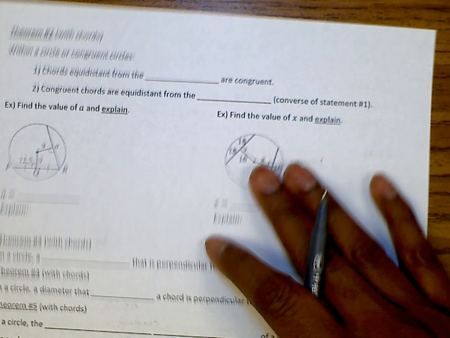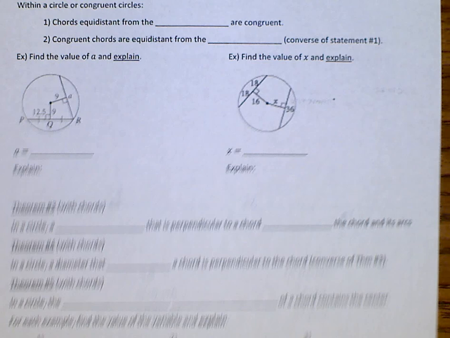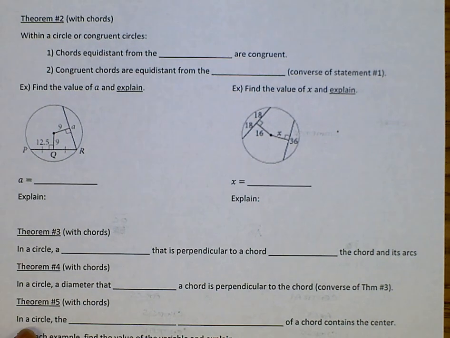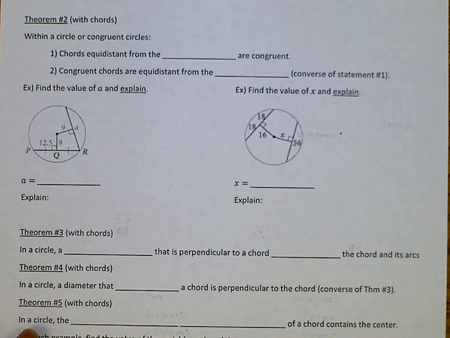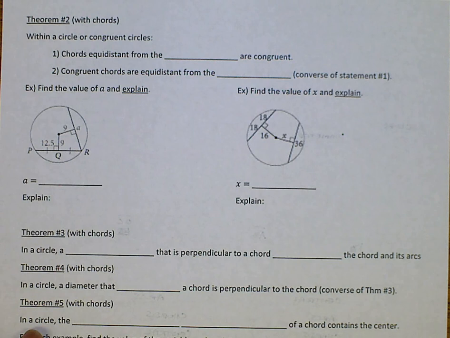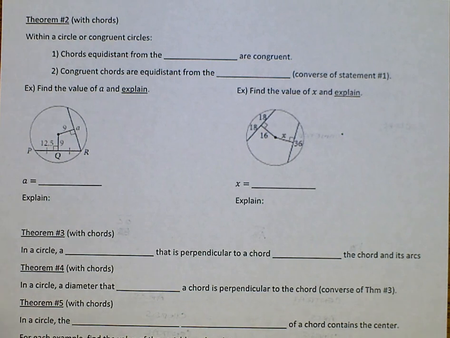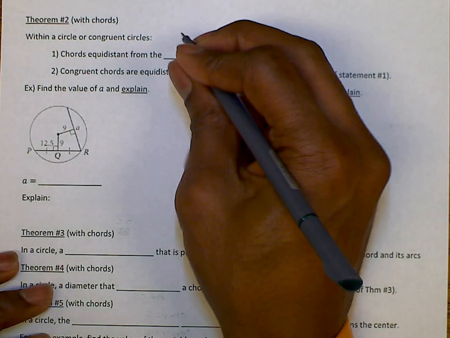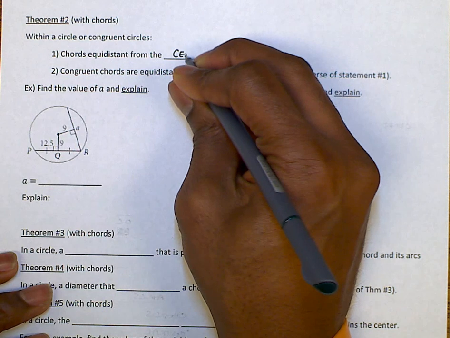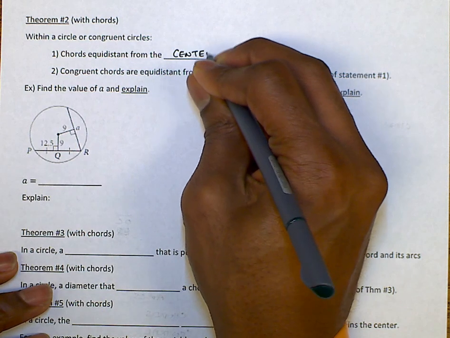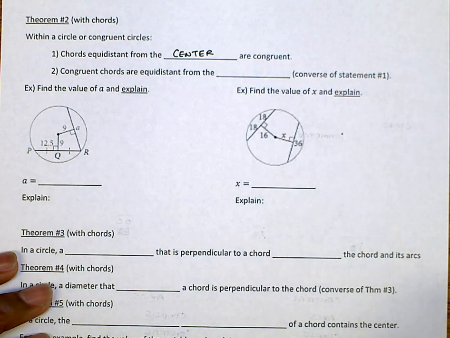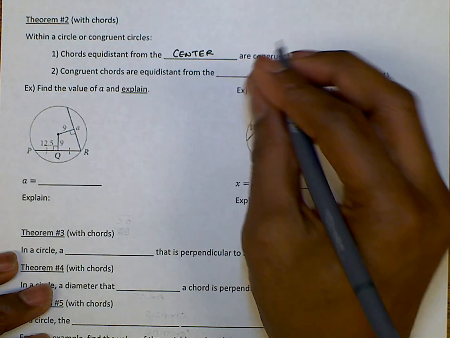All right, moving on to our second theorem. Within a circle or congruent circles, chords equidistant from the center are congruent. And congruent chords are equidistant from the center of the circle.